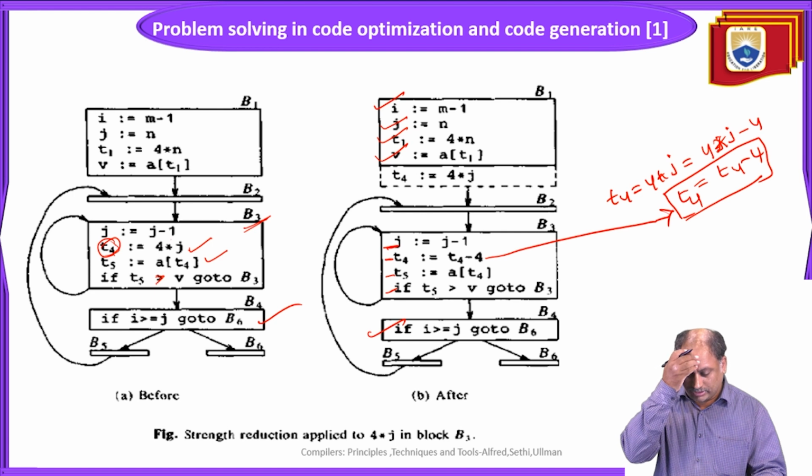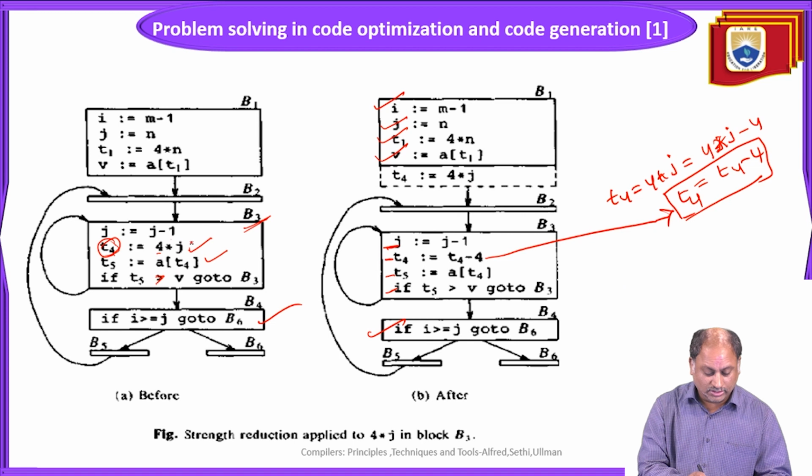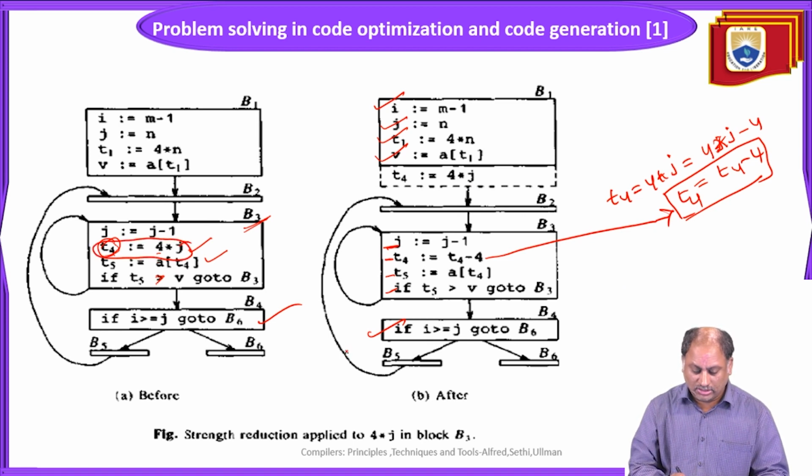So instead of computing 4 star J several times, this statement is to be kept outside, out of the loop.